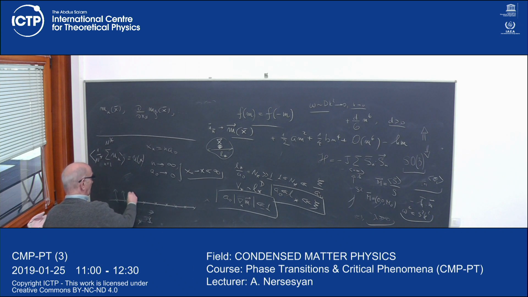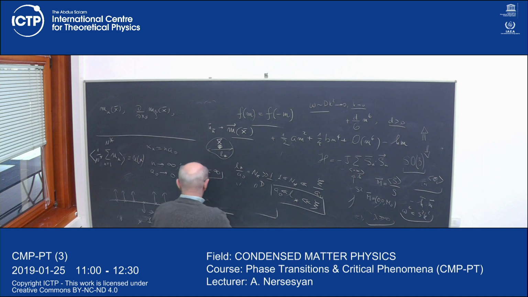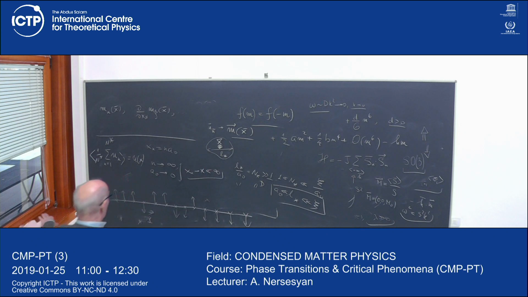Imagine you have a configuration. All right. We have to choose how many sites we will take as a measure of a box. It's up to us. Okay. I took this box. 3 spins in a box. The total M is 3 in this case, right?